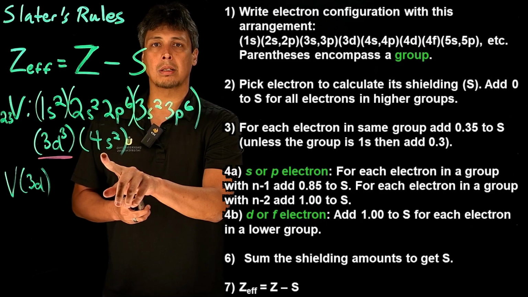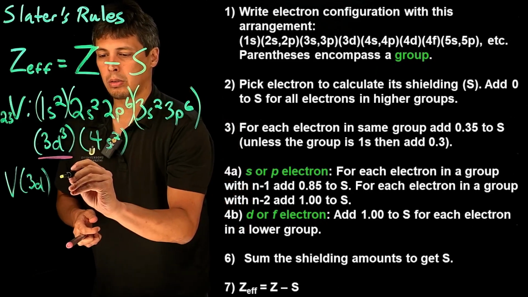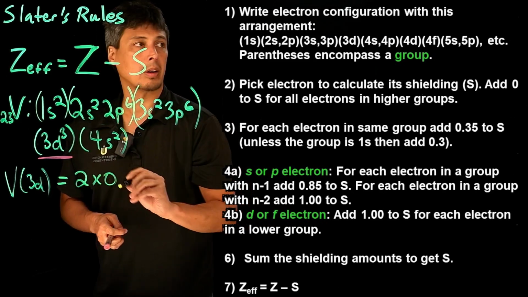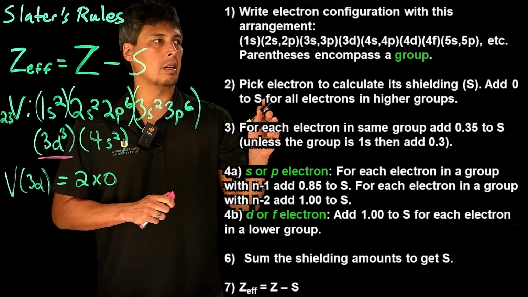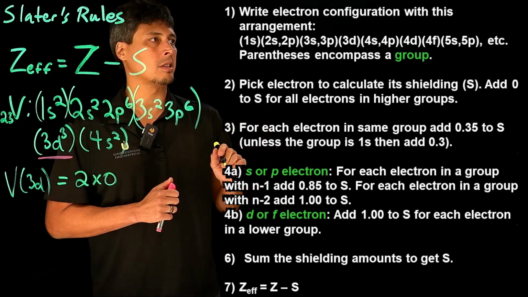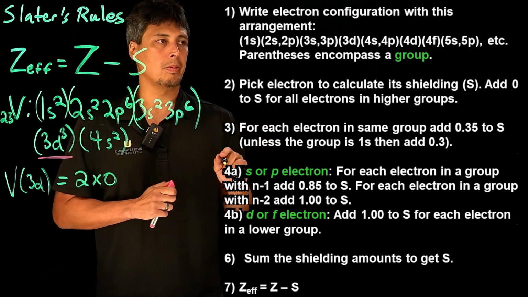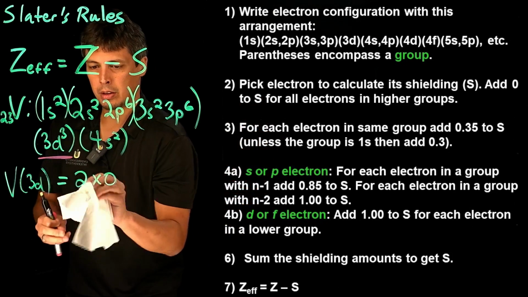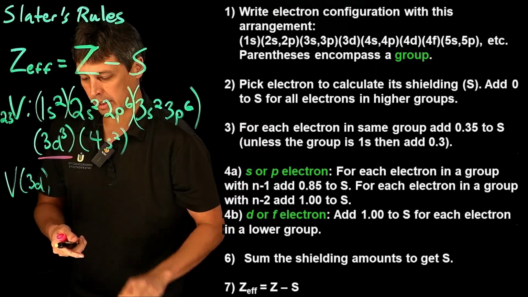So 4s is going to be a higher group, so we're going to take those 2 electrons and multiply them by 0. Now, for rule number 3, for each electron in the same group, add 0.35 to S. And reminder, what we're calculating here is S right now.